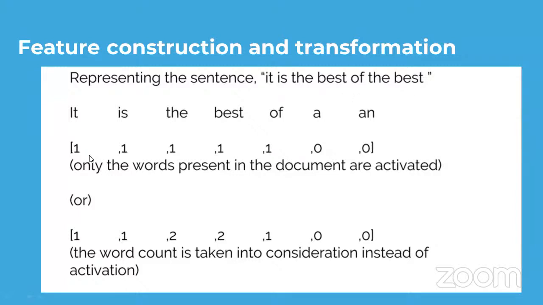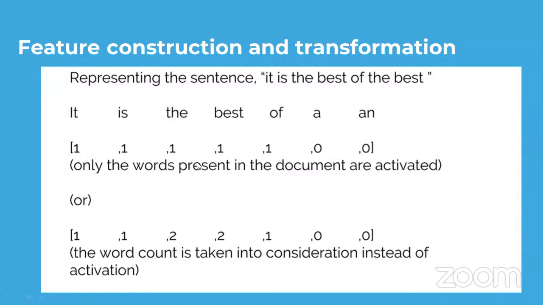What I can do is count the words which are present: it, is, the, best, of. These are individual unique words, and I have two best here, but I don't mind about that. This best and this best are considered as only one single word. So I have it, is, the, best, of, and I don't have a, and I don't have an. This is the information I'm getting here, just counting the vocabulary alone.